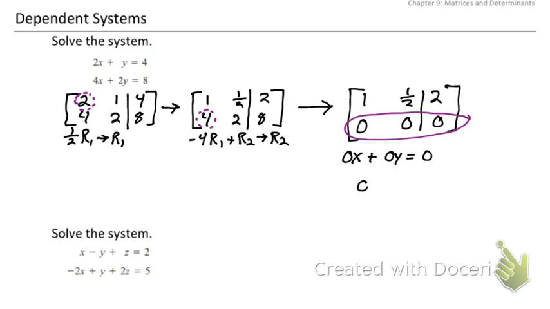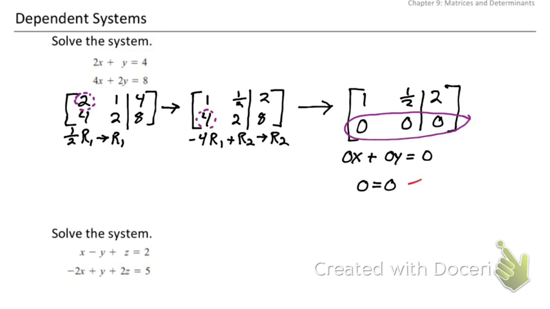In other words, you have 0 equals 0. So this is a case when you use elimination or substitution where your variables disappear. So you have to ask yourself, is that a true statement or is it a false statement? Now 0 does not always equal 0. It's weird. But in these cases, 0 equals 0 is a true statement.